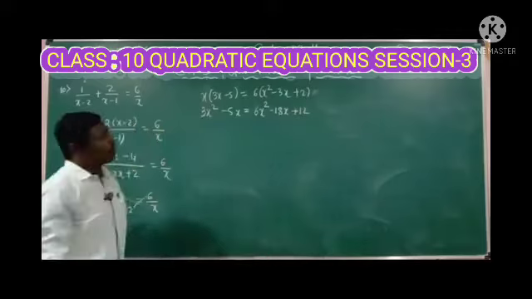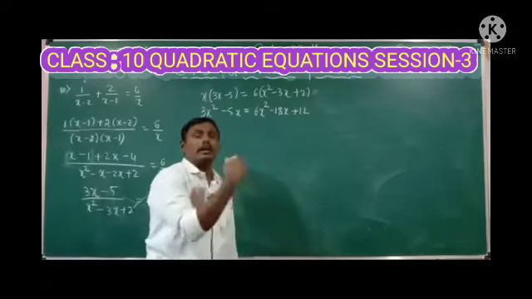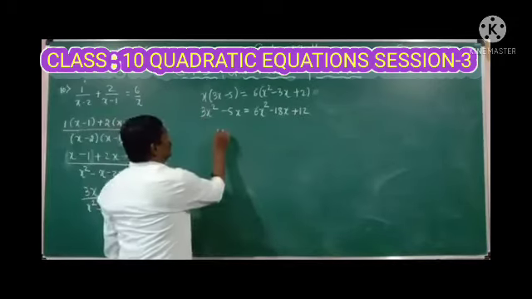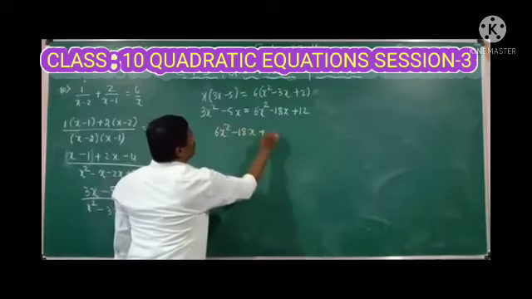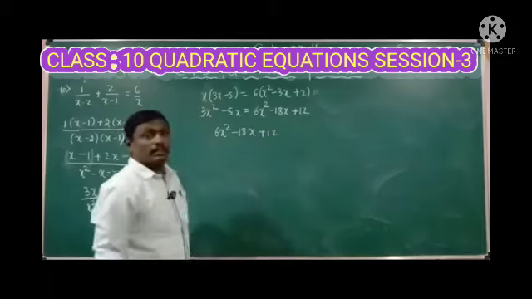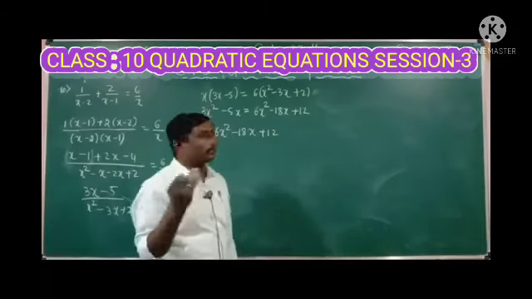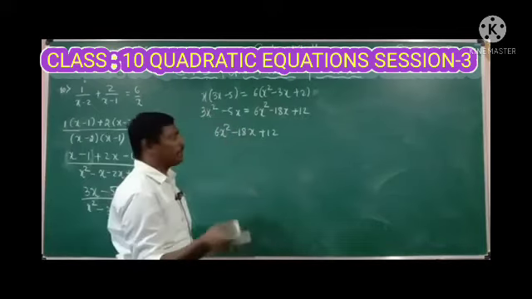Now take all these terms to one side. Either you can take them to the LHS part or the RHS part. So 6x squared minus 18x plus 12. Take the complete LHS terms to the RHS, then their signs get converted: plus becomes negative, and negative becomes positive.